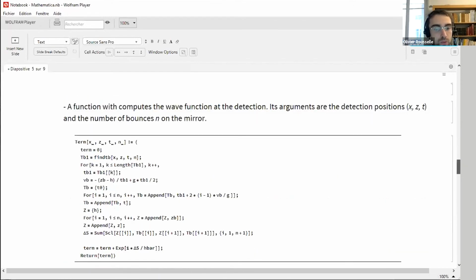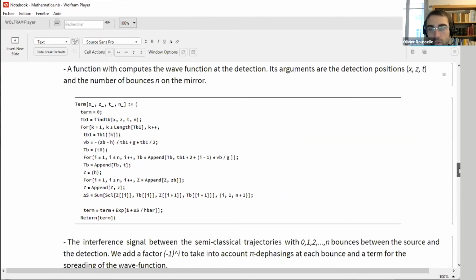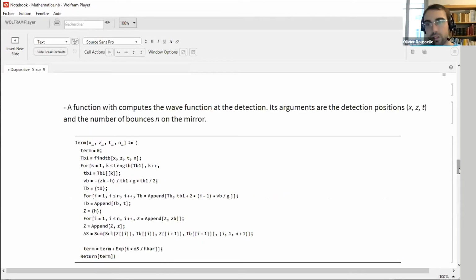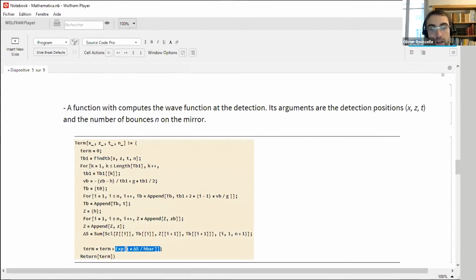As I told you, to compute the intensity, we need to sum the different wave functions, each corresponding to a precise trajectory with 0, 1, 2, or 3 bounces, etc. Each wave function is given by this term, exponential i times the action divided by h bar, which is the normal expression for a wave function.